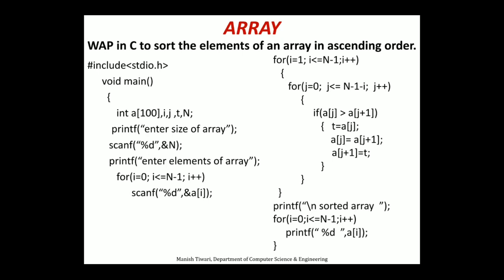We are using a temporary variable: t is equal to a[j], a[j] is equal to a[j+1], and a[j+1] is equal to t. This will swap these two numbers, and then after coming out of this loop, we will print the entire array, which will now be a sorted array.